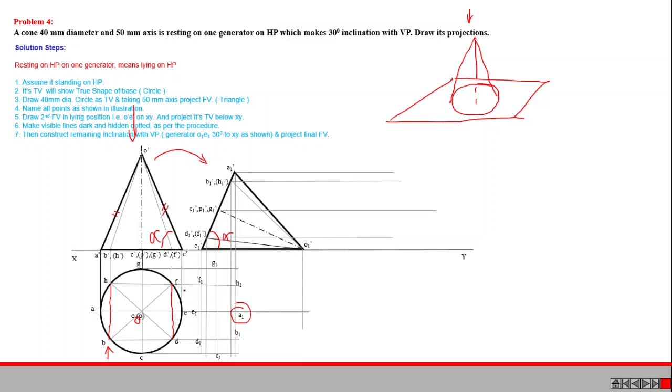Then similarly we can locate all the points. Finally P1 and O1 also. Here this is the locus of all the points. We can locate all the points like this.